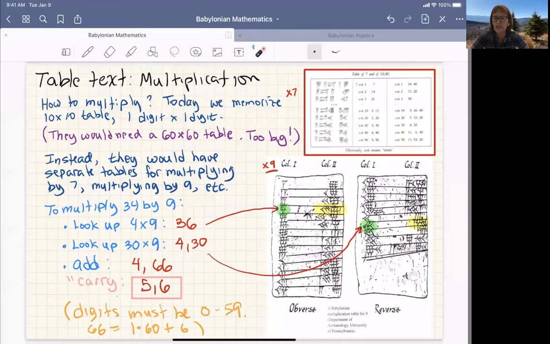So you needed to know your times tables. The problem is in base 60, if you were going to do exactly the same thing, you would need a table that contained 0 through 59 across the top, and then 0 through 59 across the bottom.